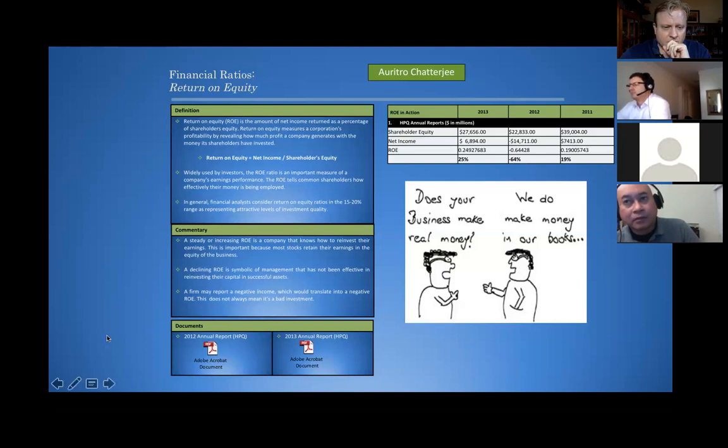A company can post a negative ROE depending on what stage of the life cycle the business is in. So, for example, startups will almost always have a negative return on equity because they're a new business, and making returns on the equity will take time to actually post on the statements.